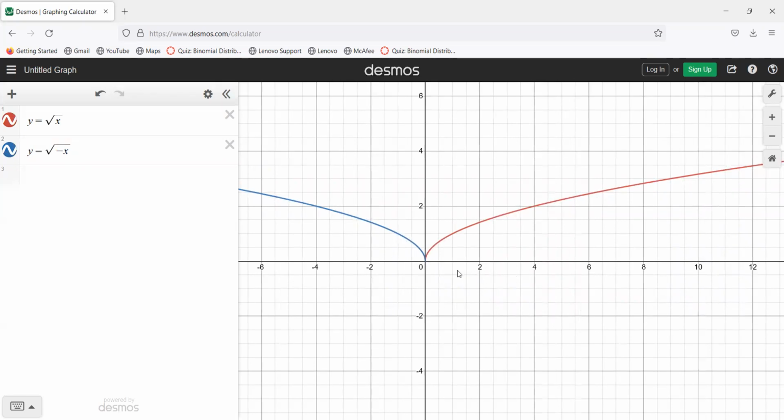My original x values were all positive because of the domain. Now, if I multiply my x by a negative sign, I have negative x values on the left-hand side of the y-axis. So as you can see, you have reflection with respect to y. Reflection with respect to y gives us negative x values.